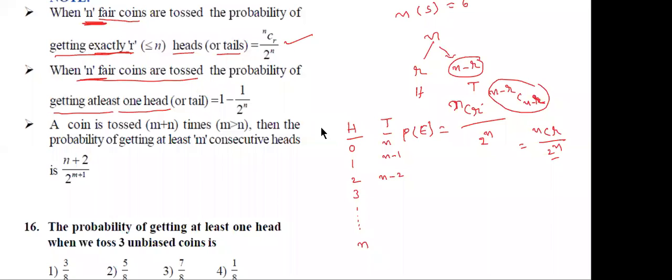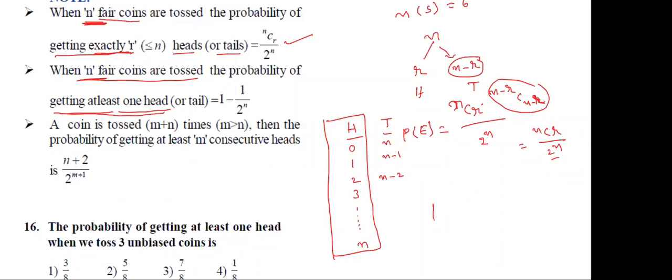Are you understood? Now, this is the total probability. Total probability means 1. What are they asking? The probability of getting at least one head. At least means minimum, at most means maximum. Already you know that.